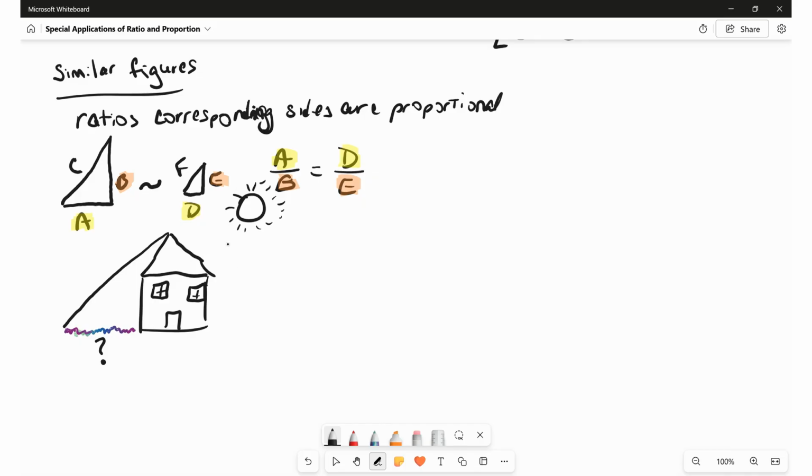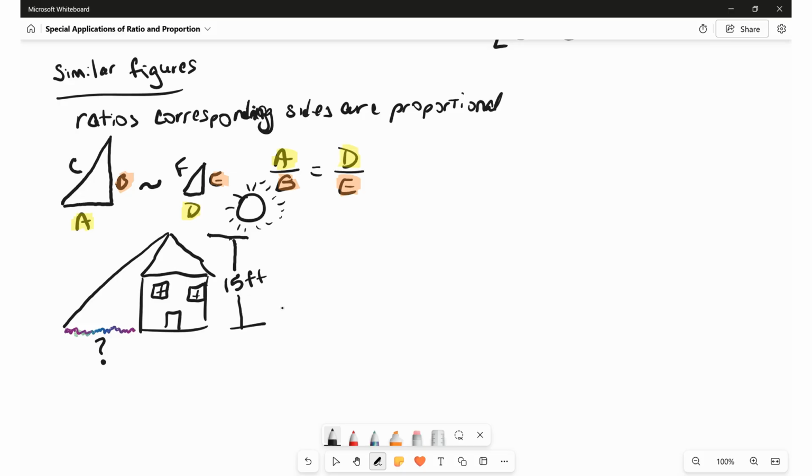Well, we know that our house, we just happen to know that our house, let's say, I'm sorry, my drawing pad keeps messing up on me here. We know that our house is, we'll say, 15 feet.